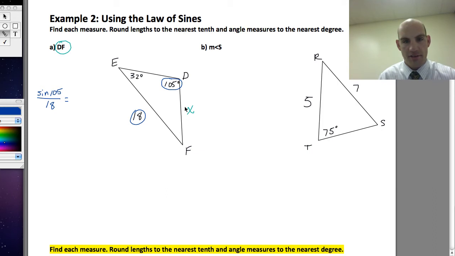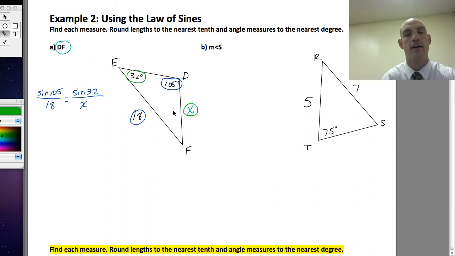I want DF, and luckily that DF is over this E. So if I say the sine of 32 over x, I am asking for sine of E over what would be little e, but it's got an x in the place. It's DF.